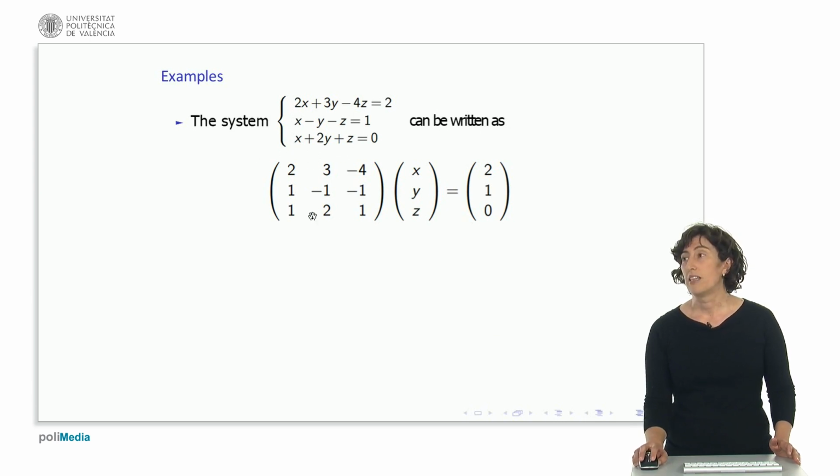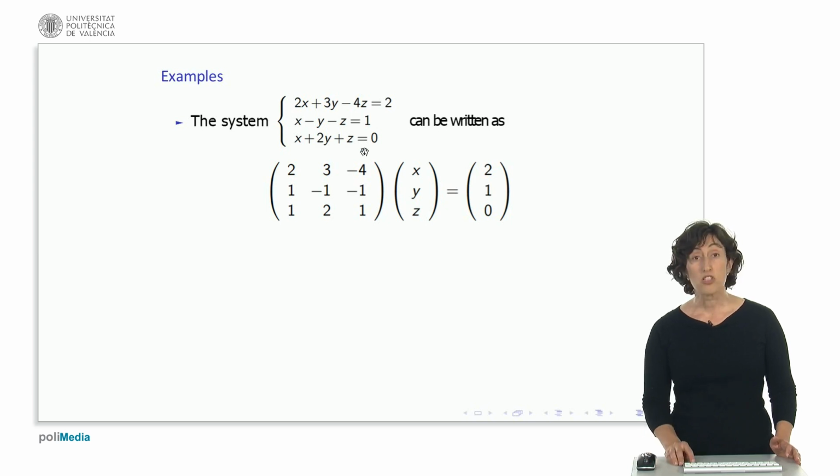We would have a matrix with these coefficients, 2, 3, minus 4; 1, minus 1, minus 1; 1, 2, 1, obviously without exchanging coefficients between equations, and without exchanging the order of the variables, x, y, z, times the vector of unknowns x, y and z, equal to the independent terms 2, 1, 0. This matrix product equated to this vector of independent terms results exactly in this system of equations.